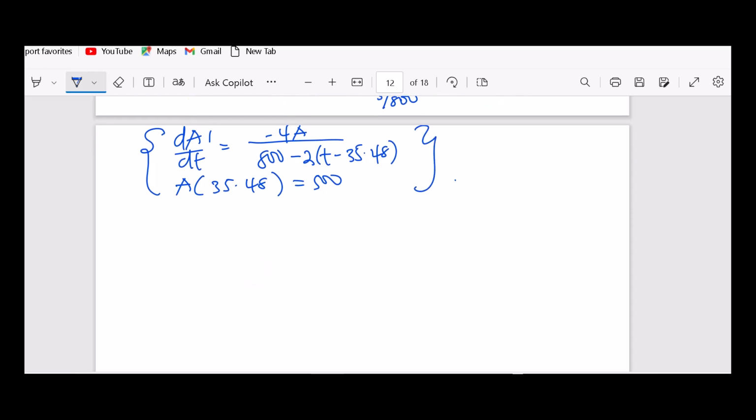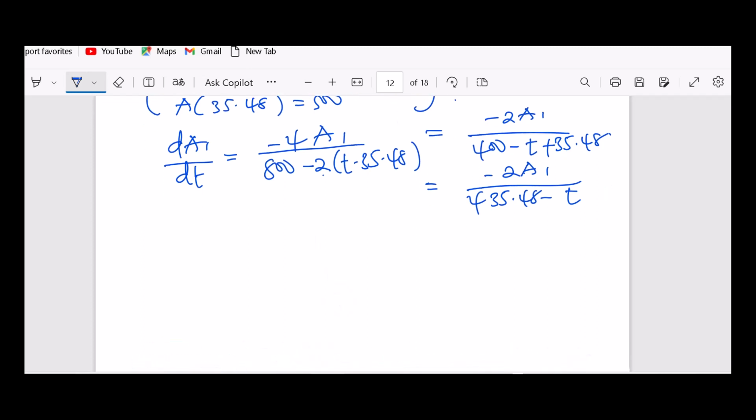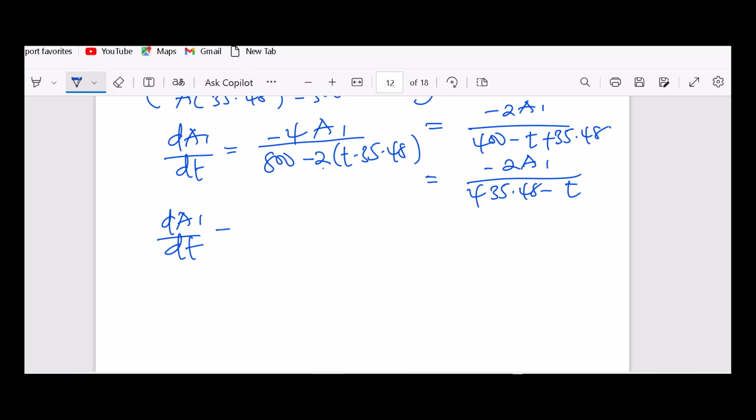So we have dA1/dt equals negative 4 A1 over 800 minus 2 brackets T minus 35.48, and so this becomes, the 2 here will factorize out and cancel, so we'll get negative 2 A1 over 400 minus T plus 35.48, and so we'll get negative 2 A1 over 435.48 minus T. So we have to then solve this: dA1/dt is equal to negative 2 A1 over 435.48 minus T, like this.